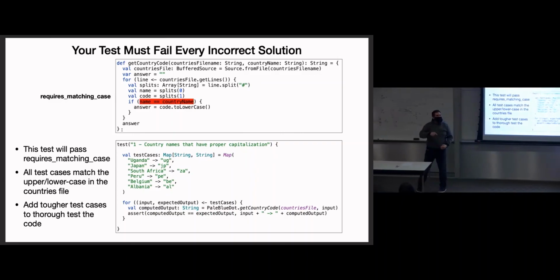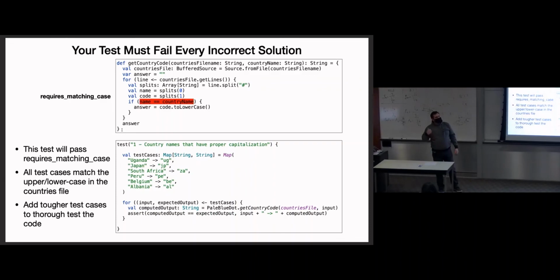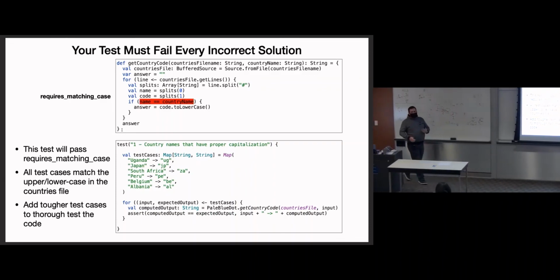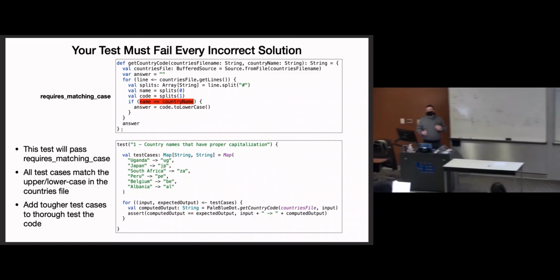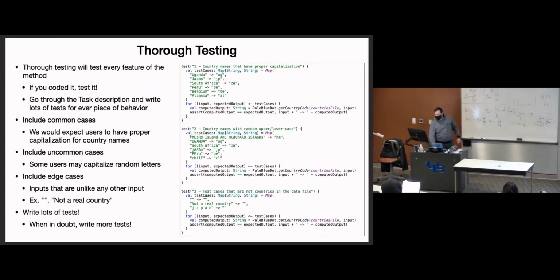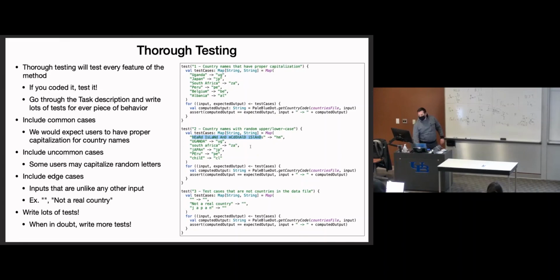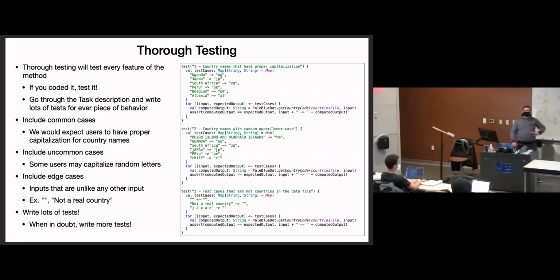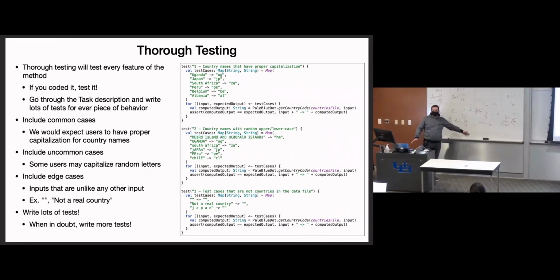You didn't do the right thing. This is an incorrect solution. So if we have thorough testing and we're checking for that, our test suite is going to mark that as incorrect, which is the correct thing to do. Once we have tests that mix up all the capitalization, that's going to get rid of that incorrect solution, and we're going to have a good test suite. And we have a few more for good measure.